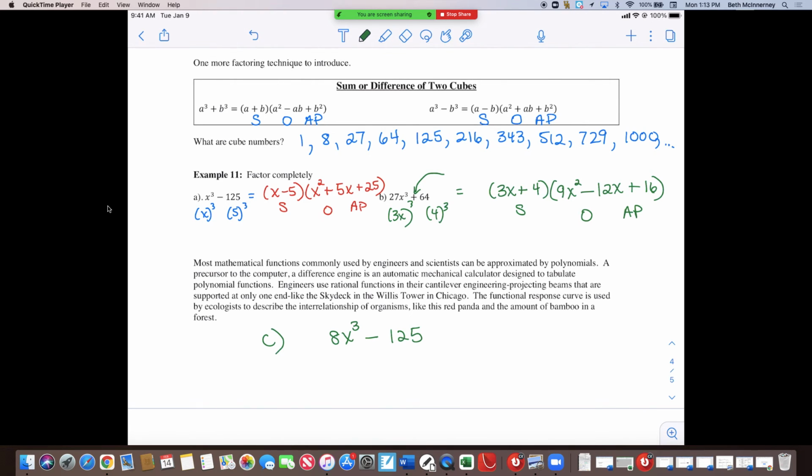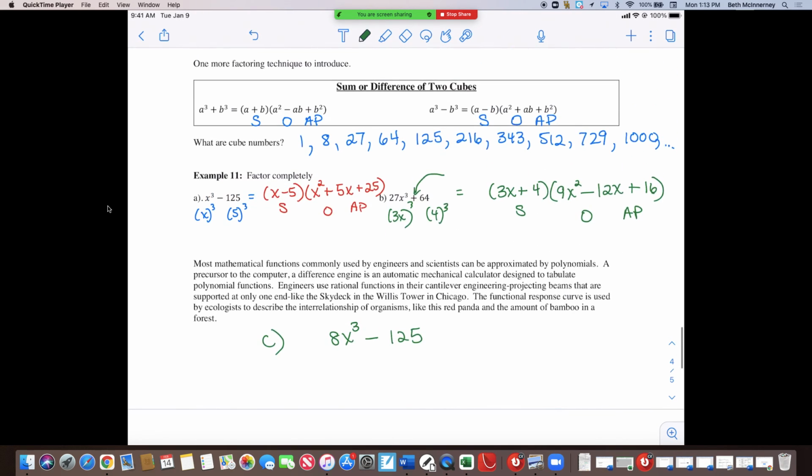Engineers use rational functions in their cantilever engineering projecting beams that are supported at only one end, like the sky deck in the Willis Tower in Chicago. The functional response curve is used by ecologists to describe the interrelationship of organisms, like, oops, I didn't put a picture in, did I? Of the red panda and the amount of bamboo in a forest. So polynomials are huge in the real world.